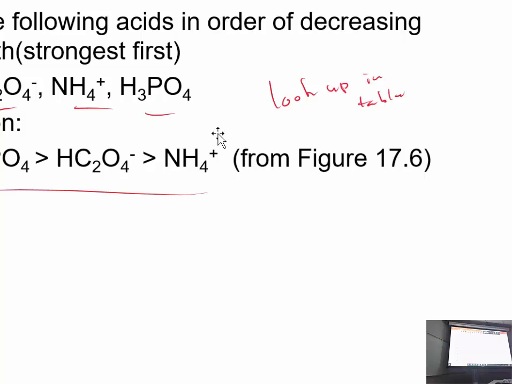And so without looking at the table, which would be the stronger acid, for example, H2SO4 versus HSO4 minus. Well, this has already lost a proton here, so H2SO4 is going to be a stronger acid. There's certain things, or base. When we're looking at bases, we could do OH minus versus O2 minus.